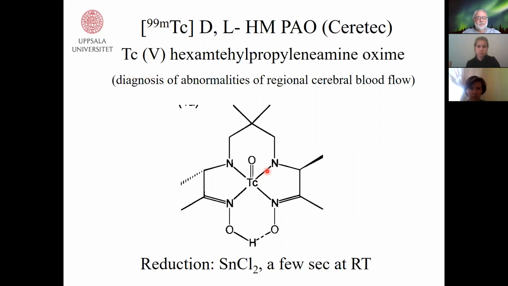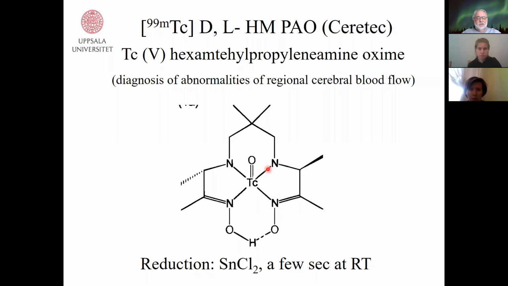So apparently if we have trauma or we have stroke, it results in severe disturbances in brain blood flow. So if we can visualize these disturbances, we could estimate the extent of the damage.